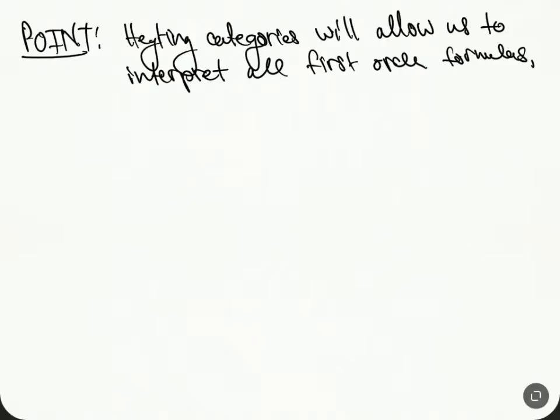And there's actually a lemma that says if you have a Heyting category, then it turns out that these subobject categories have an implication sign that behaves well with respect to the order. So in particular, the subobjects are Heyting algebras.